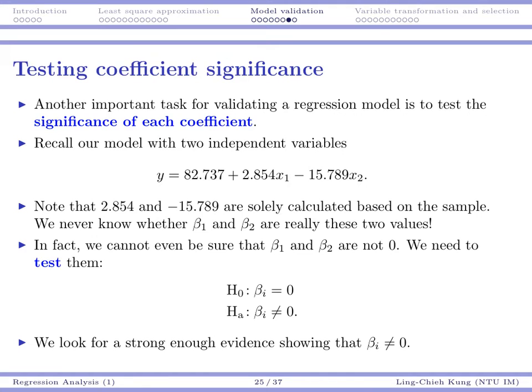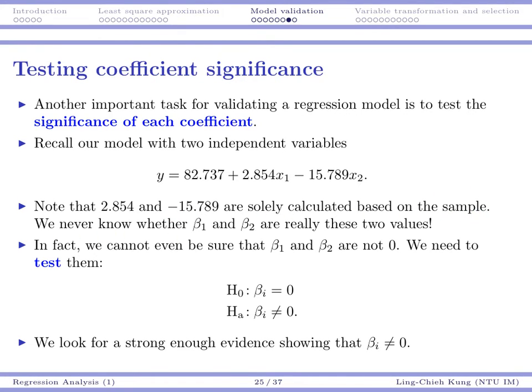Now, the last thing we want to do to validate our model is to talk about the significance of each coefficient. What does that mean? Recall our model with two independent variables here. We actually want to know whether 2.8 and negative 15.7 are good estimates of our parameters, because they are just calculated based on the sample.